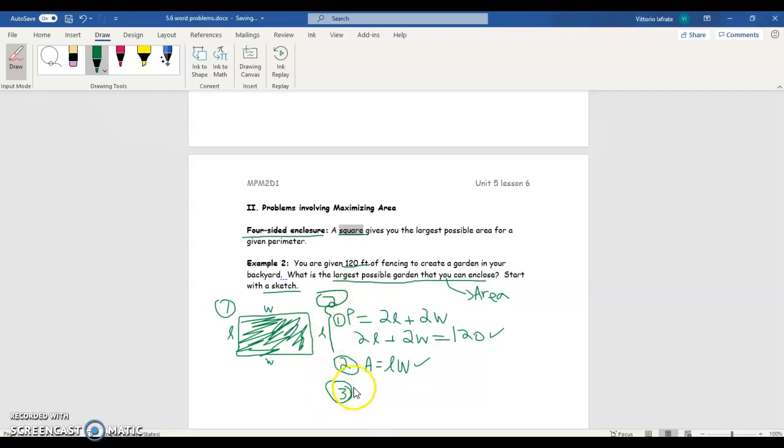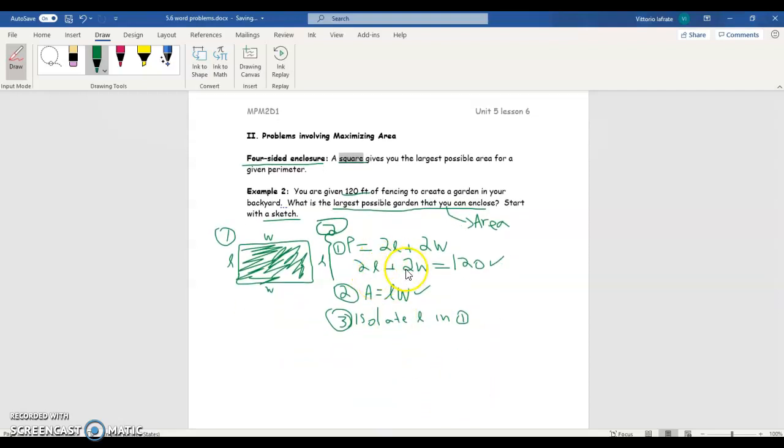Step 3 is to isolate one of the variables in equation 1. Let's choose any variable. Let's isolate L. You could have done W, it doesn't really matter. Basically it means solve for L in terms of W. So I'd get 2L plus 2W minus 2W, because I'm sending the 2W to the other side, equals 120 minus 2W.